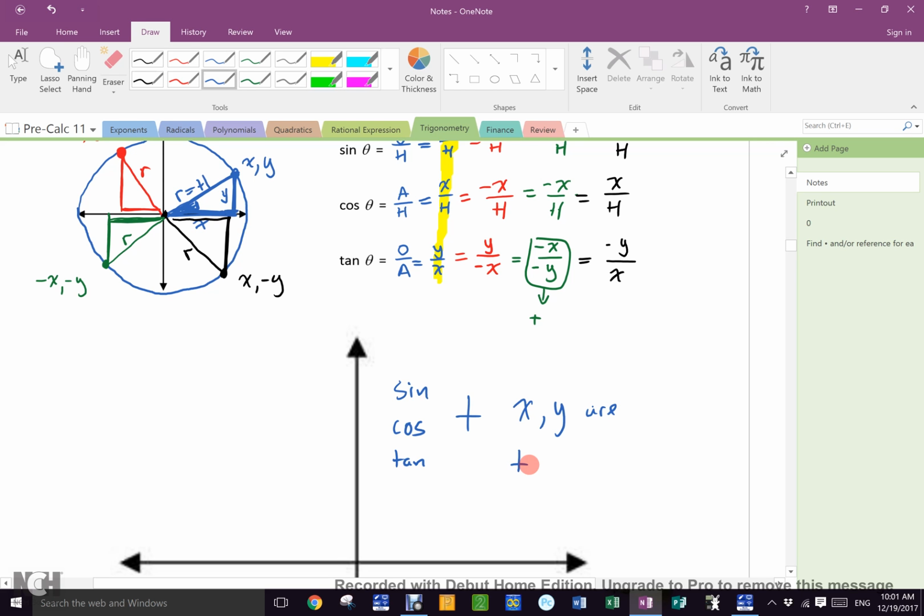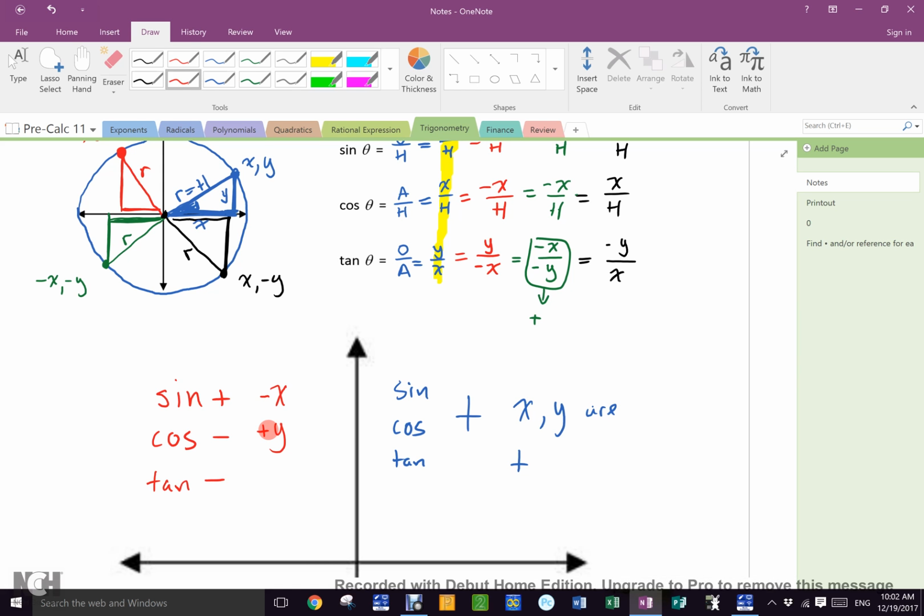Okay. What in the red quadrant? What's positive? Sine is positive. Cos is negative. And tan is negative. Why is that? Because x is negative and y is positive. Everybody cool?